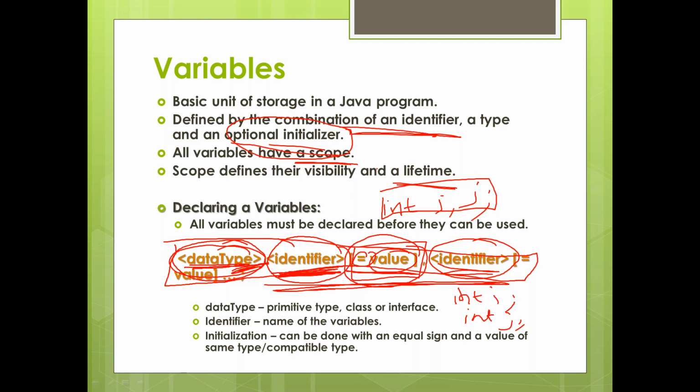Say for example, I got your question. So what he is telling is int i, and j. Also what you can do is long l.